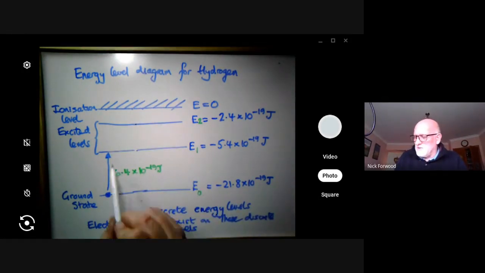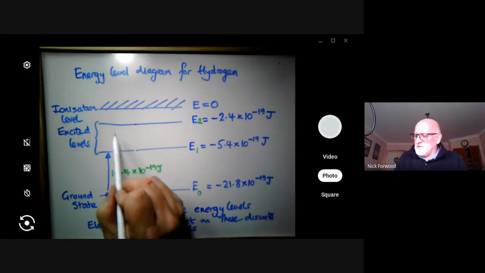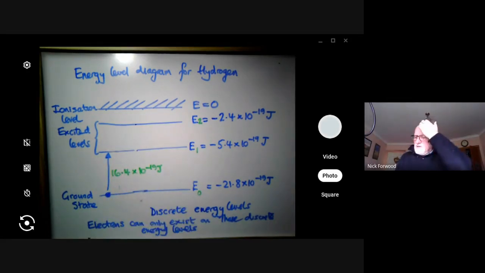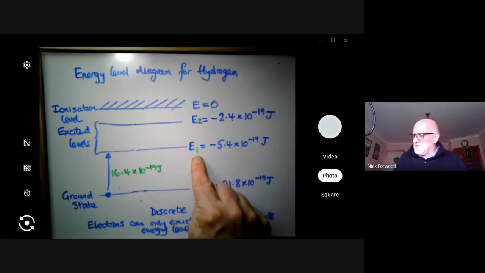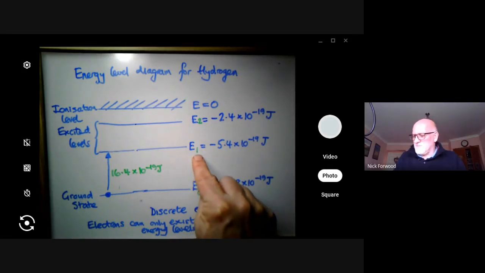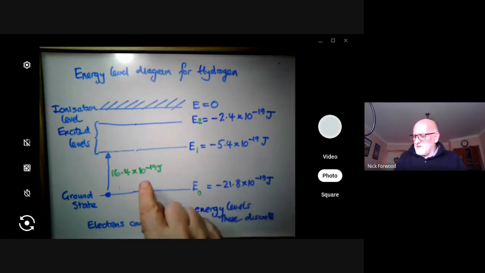It can't go in between levels. So you need to give the electron 16.4 times 10 to the negative 19 joules of energy, and then it can go precisely from energy level 0 to energy level 1. And that's it.